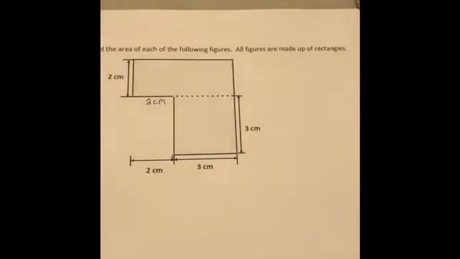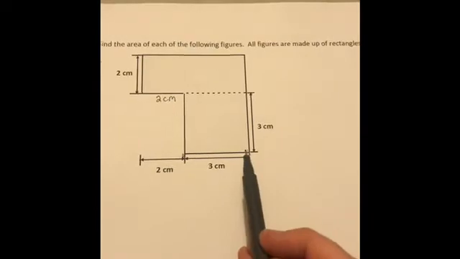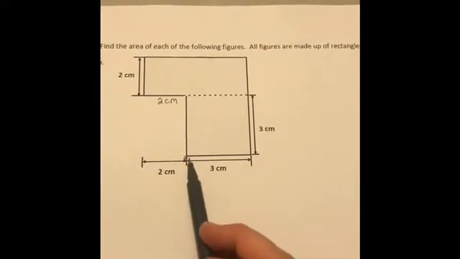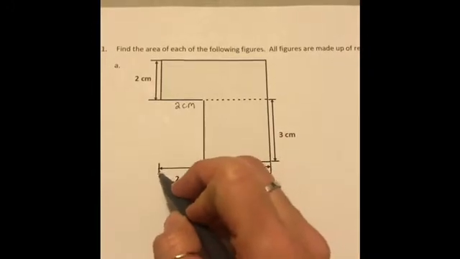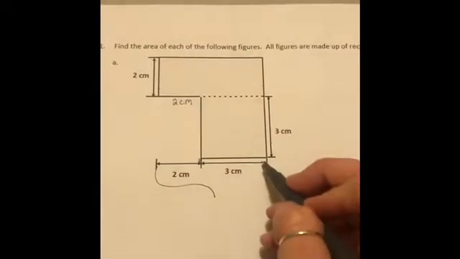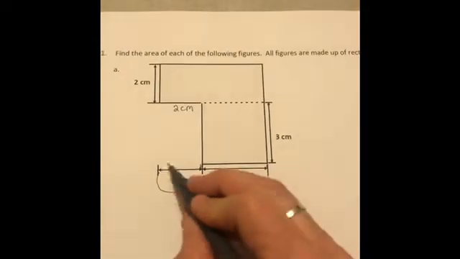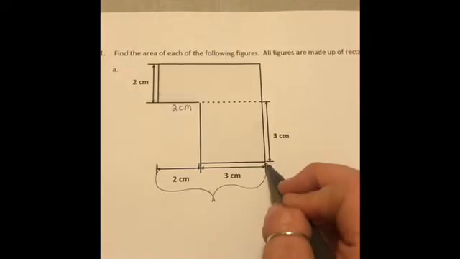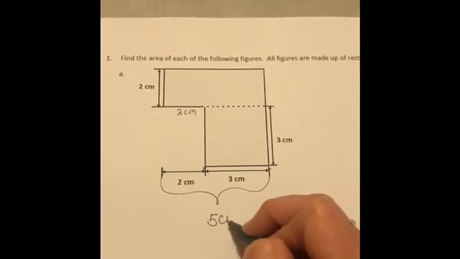So how do I do that? I know if 3 plus 2 is 5, then the measurement, the length of this line from here to here would be 5 centimeters.